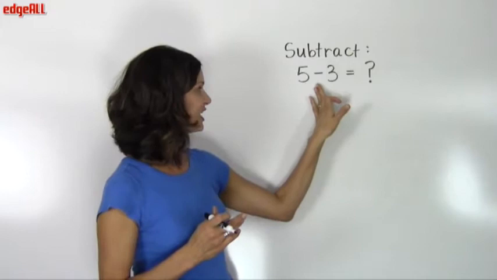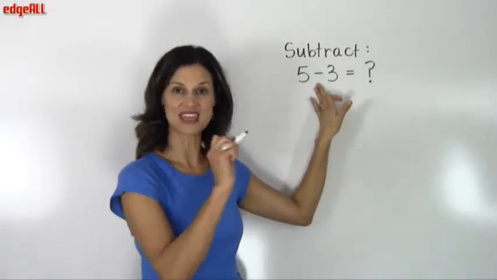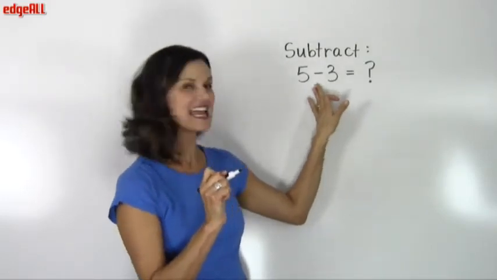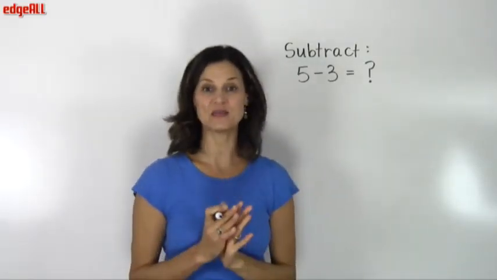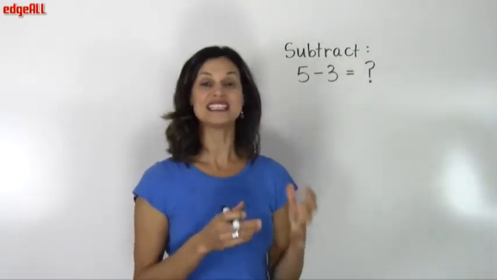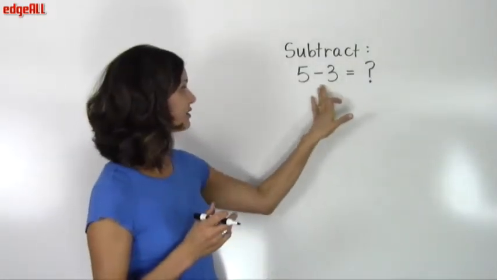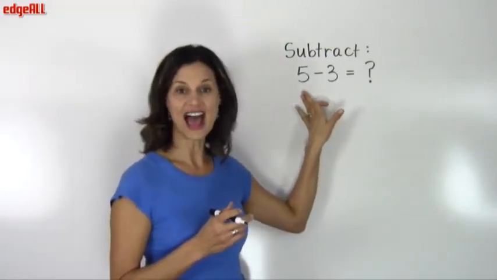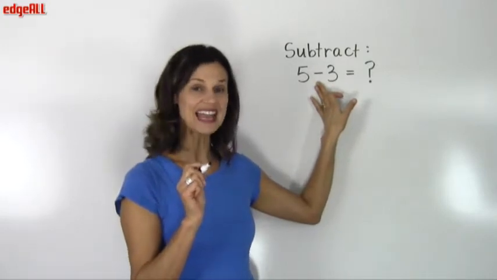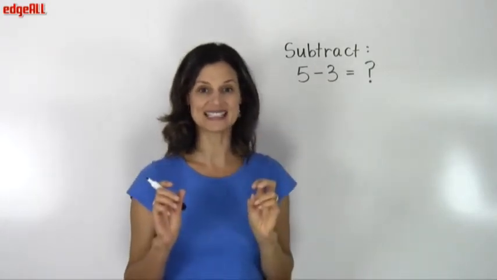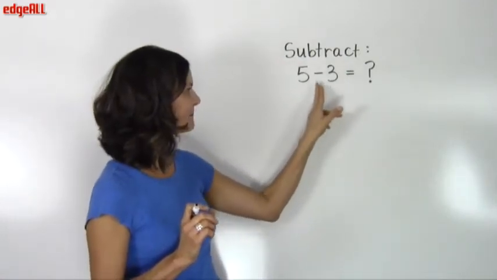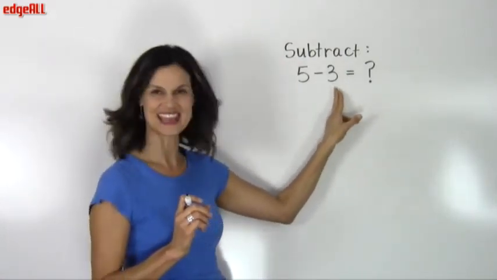This symbol here in between the 5 and the 3, the little dash symbol, is a special math symbol which tells us that we are subtracting or taking away 3 from 5. This little dash is read as the word minus. So we would read this problem as 5 minus 3.